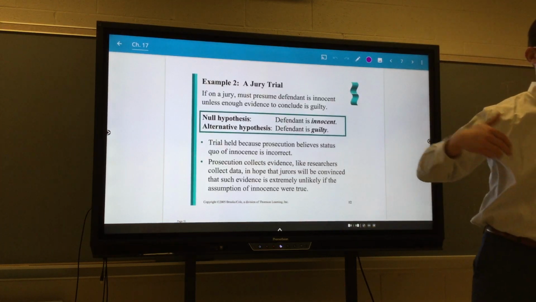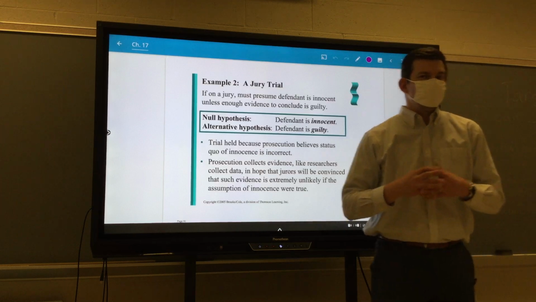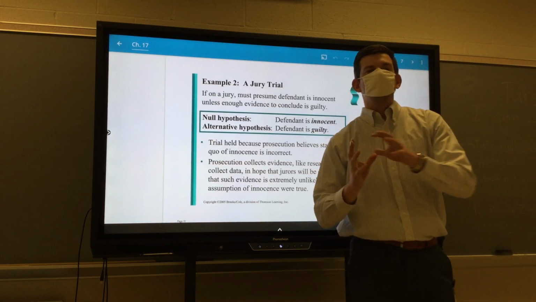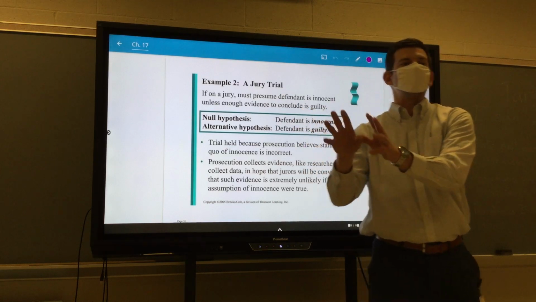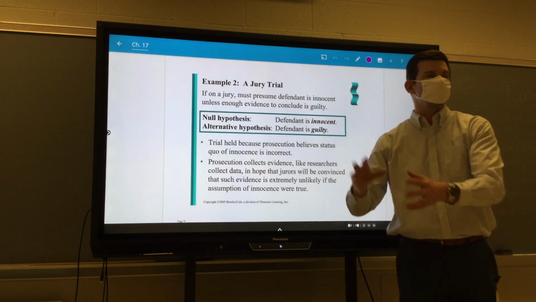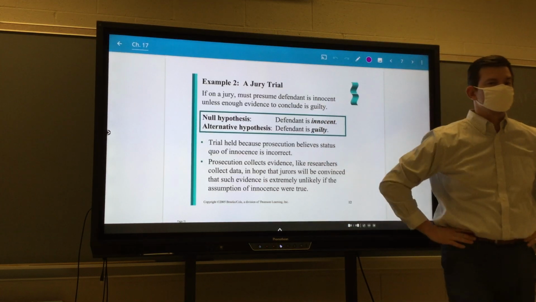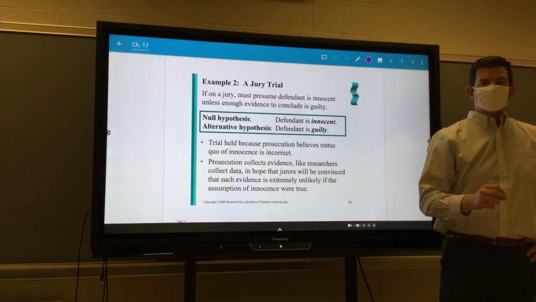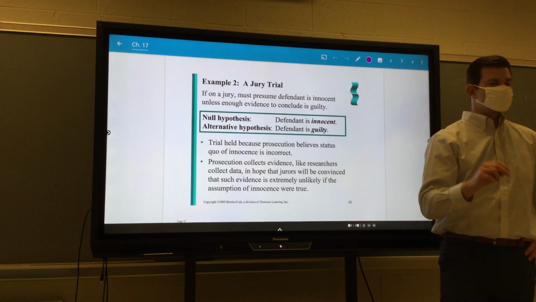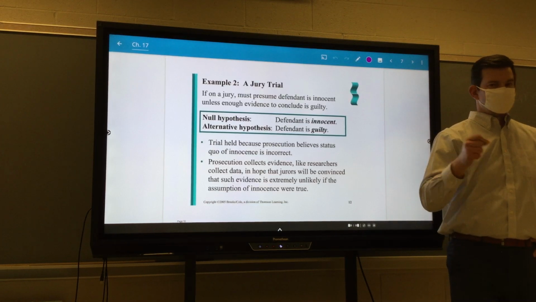And we're going out on a limb to say that we have evidence that we're going to reject the status quo and that something else is actually true. It's like our judicial system, in that we take pride in this country in the presumption of innocence. You are innocent until proven guilty.